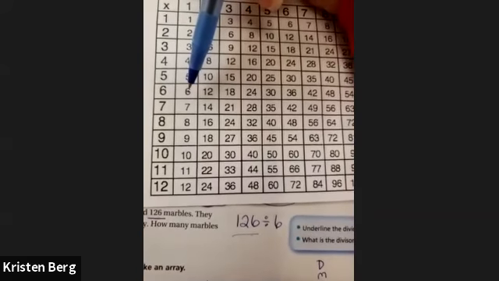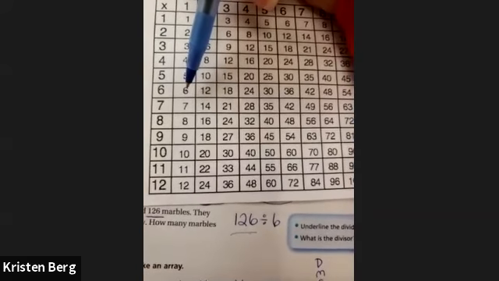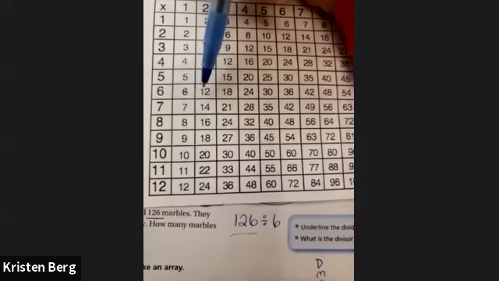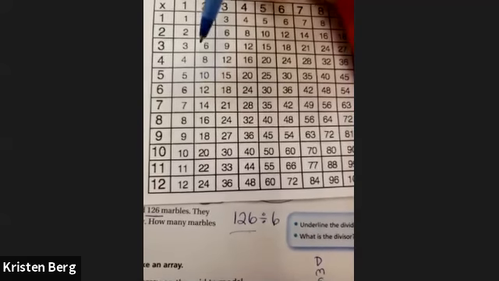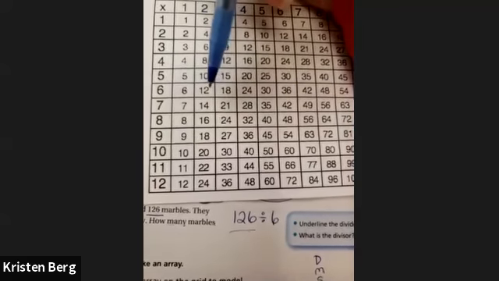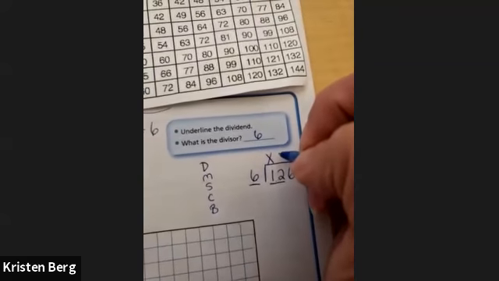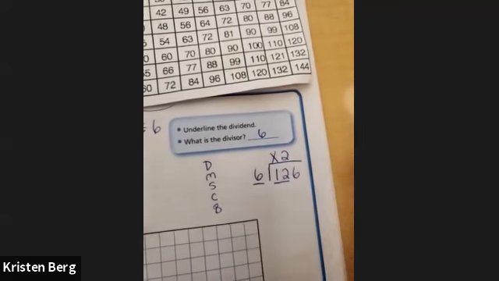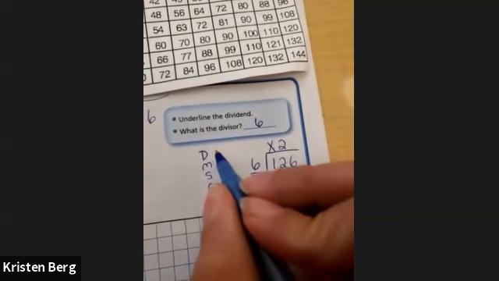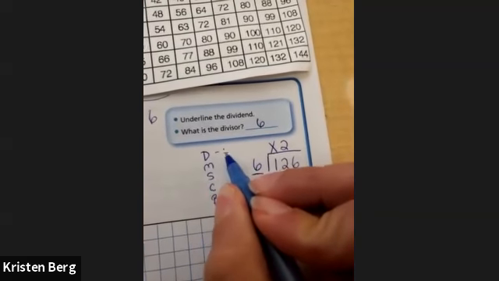Well, this is not going over, so we're good there. It goes in evenly, 2 times. So 6 can go into 12 2 times without going over. Now that was called dividing. That's what we just did.